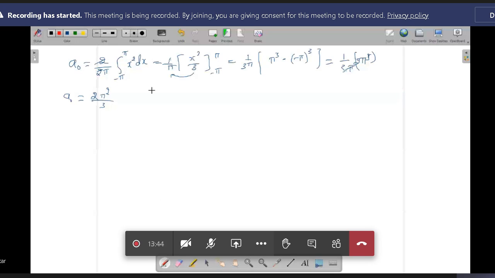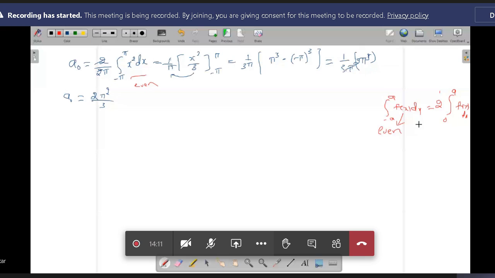Now, since the function x squared is even, as you have seen, integration from minus a to a of f of x into dx, if f of x is even, can be written as 2 times integration from 0 to a of f of x into dx.